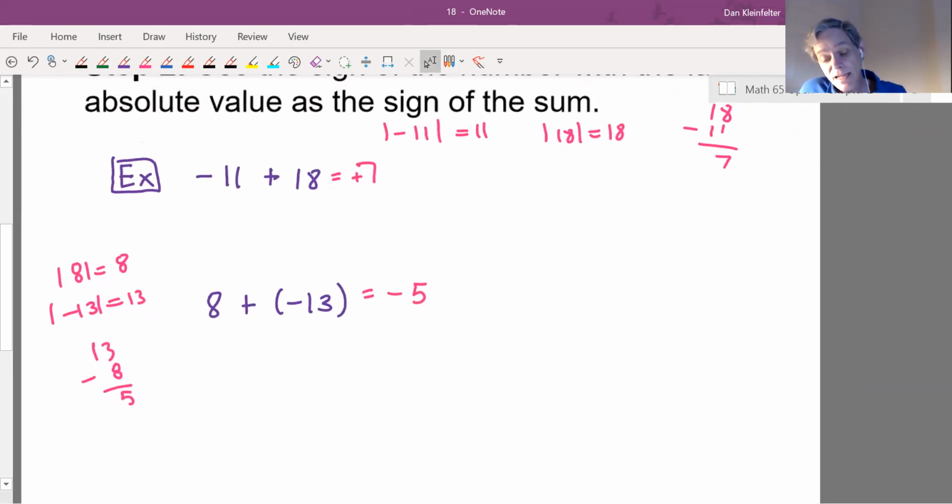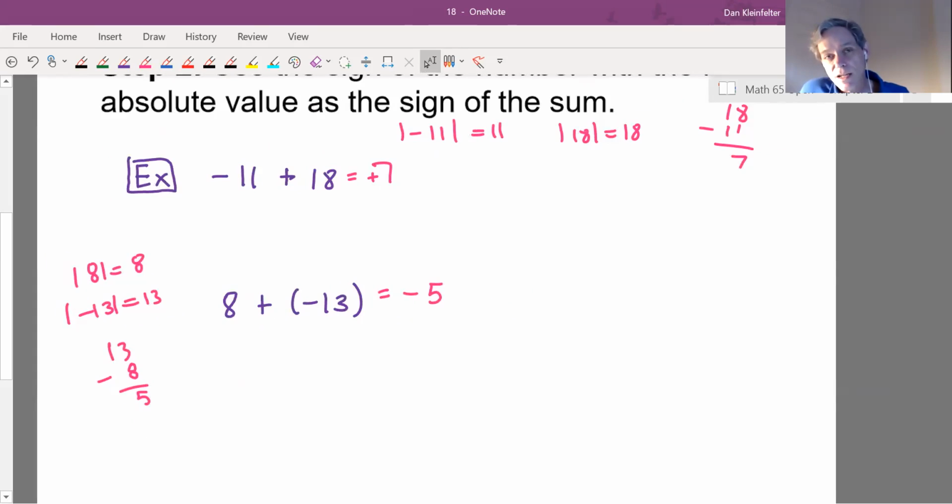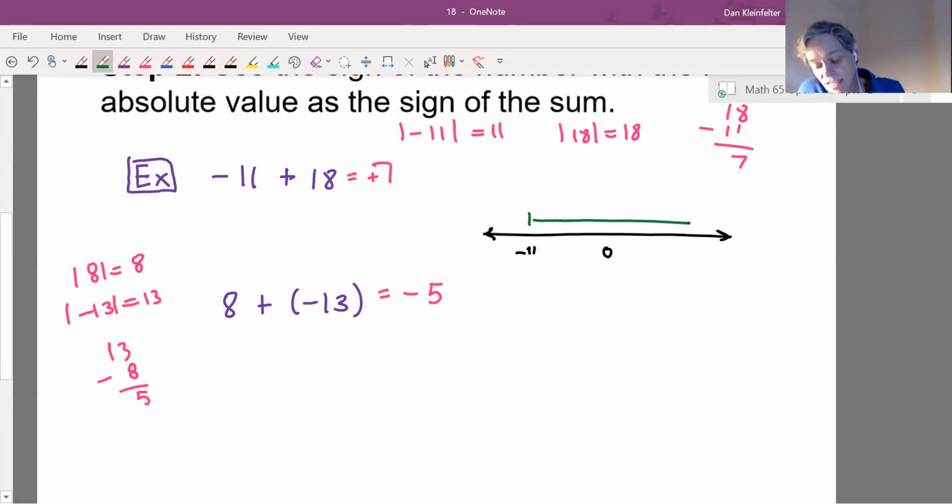Okay, if you'd like a way to think about this with arrows, let's try that. So if you are at -11 on the number line, and you add 18 to it. Adding a positive number would move us in the positive direction. The first 11 would bring you to 0, right?